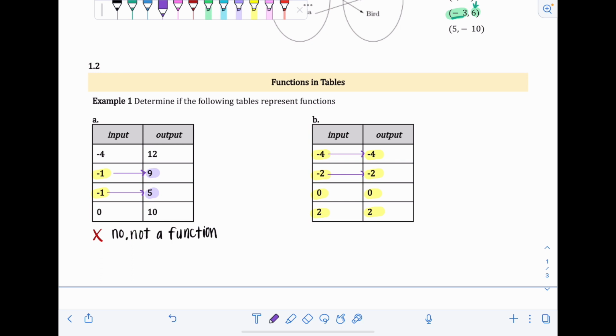The only problem when finding a function is if you have the same input value going to two different output values, just like we had the same input, -1, going to a 9 and a 5. But in that second table for B, we don't even have any repeated input values because they're all different numbers: -4, -2, 0, and 2. So that means each input must only have one output, so that one would be a function.